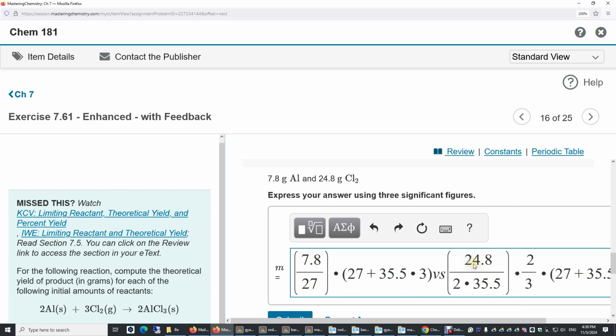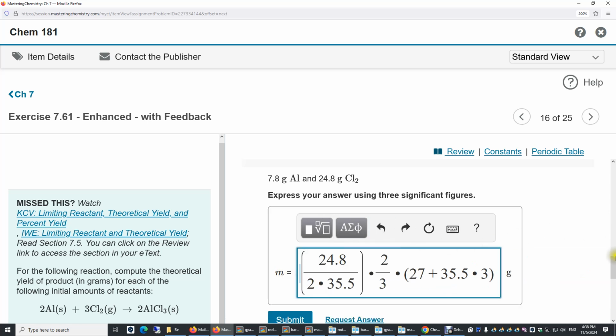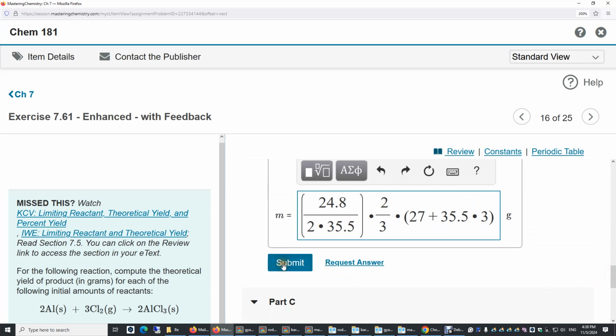Over here, 24.8 over 71, it's also roughly 0.3, and then times 2/3, so this is actually about 0.2 moles of product, and this is nearly 0.3. So I think the second expression is smaller. I'm gonna keep the second expression, and I will click submit.